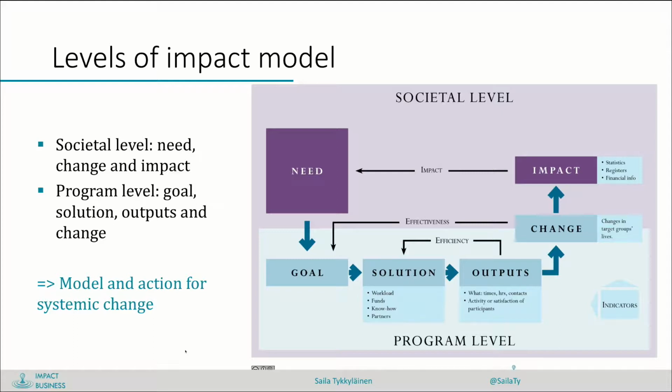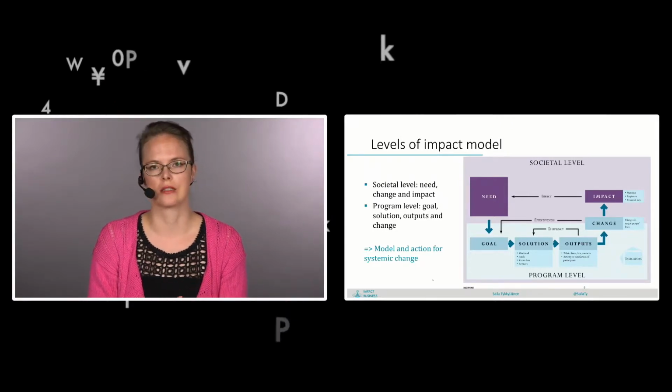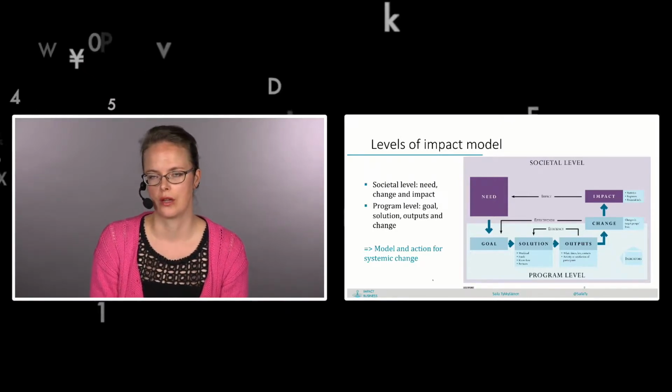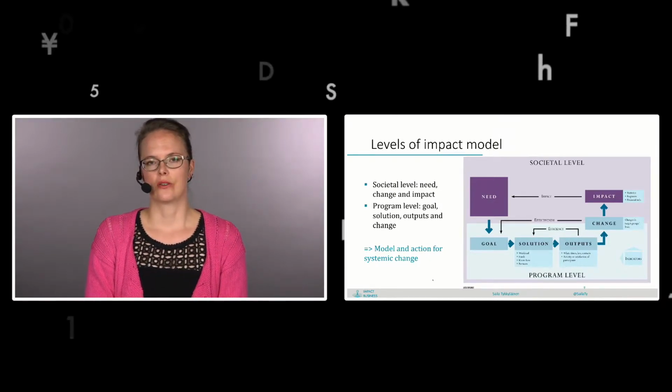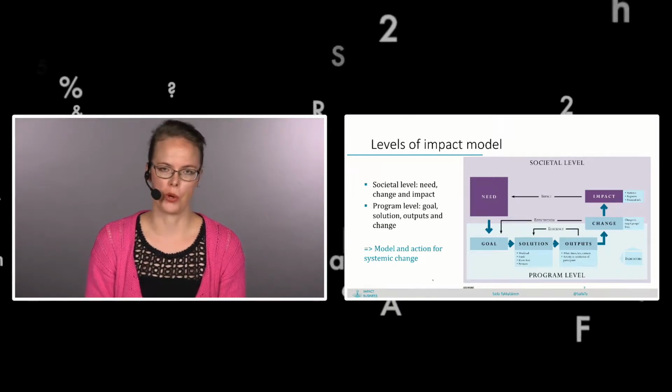The need, for example, or the problem that you are tackling, exists at the societal level. It has certain root causes and it has consequences. Obviously human too, but societal as well. But those big needs or problems like, let's say, climate change or social exclusion, there isn't any organization that could alone solve those types of problems.